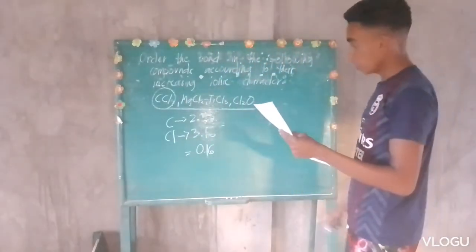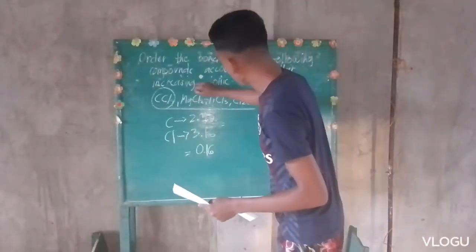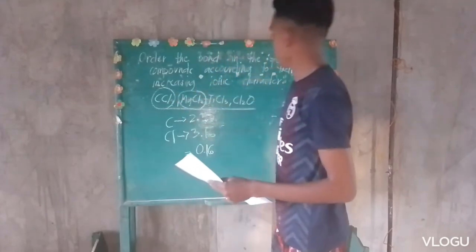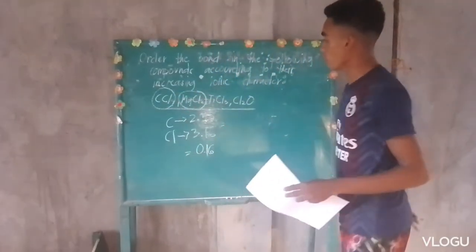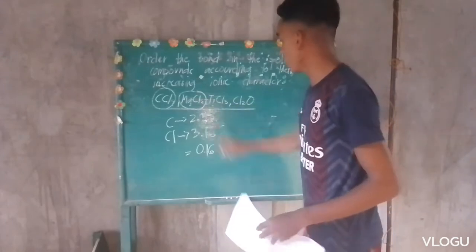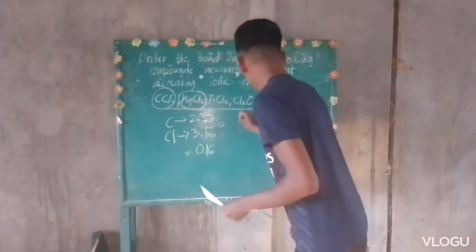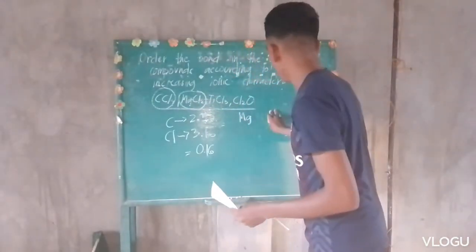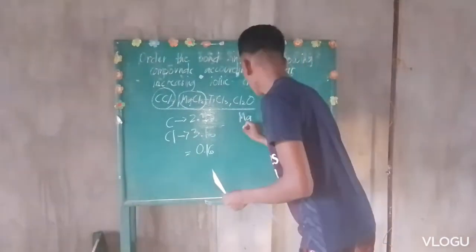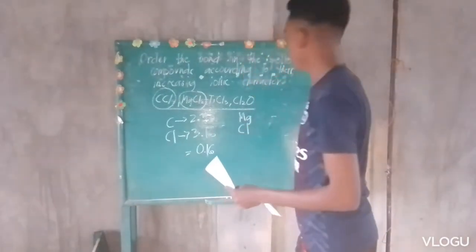And then we will proceed to these two elements. We will find their differences. So magnesium and chlorine.